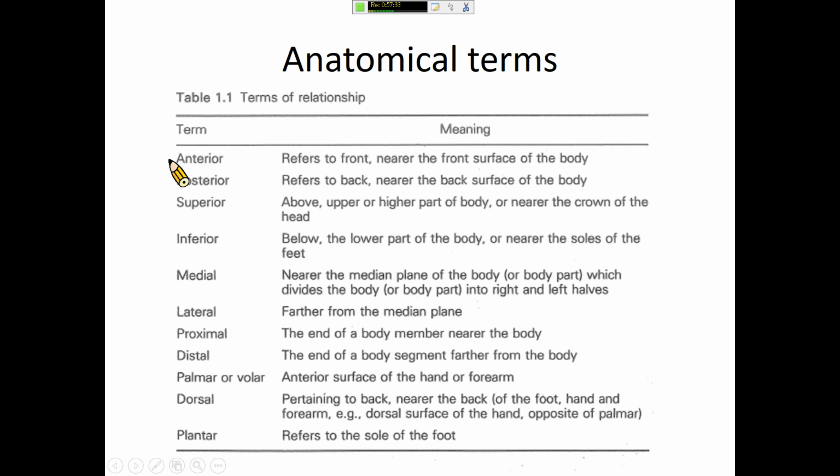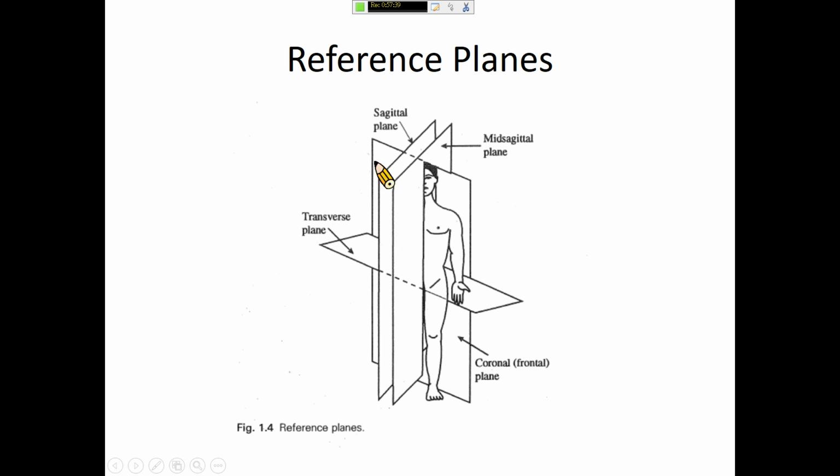Anterior refers to the front. Anything that occurs towards, or before, or away from the coronal plane will be called anterior.